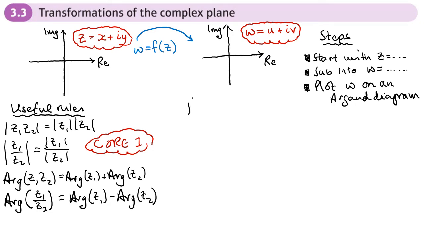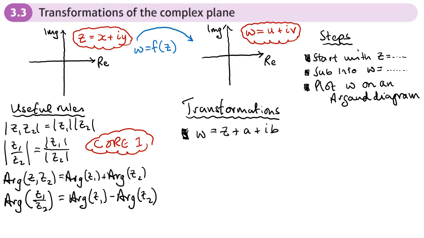So let's have a look at the transformations. Now if you remember these transformations, if you see them in a question, then you'll know exactly what they do. So if we see a transformation like this, w equals z plus a plus bi, where z is the complex number we start with, or the rule that we start with, what this will do is a transformation of z.